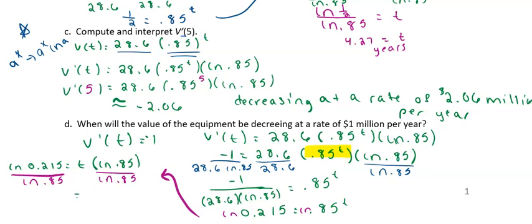Make sure you're typing it into your calculator right. So you'll need your natural log of 0.215, and then you'll need that divided by the natural log of 0.85. So when you do that, you should get 9.458 years.